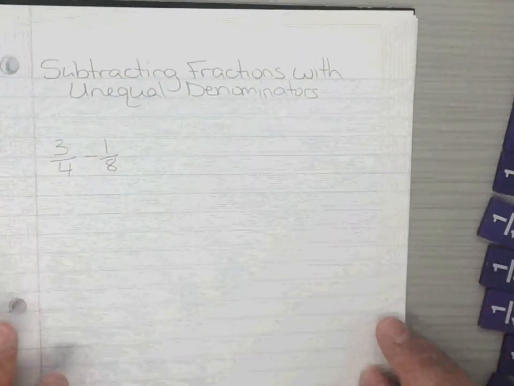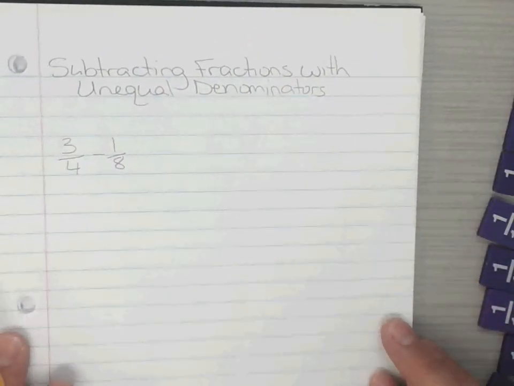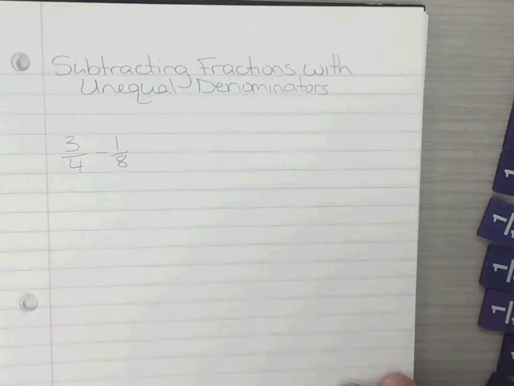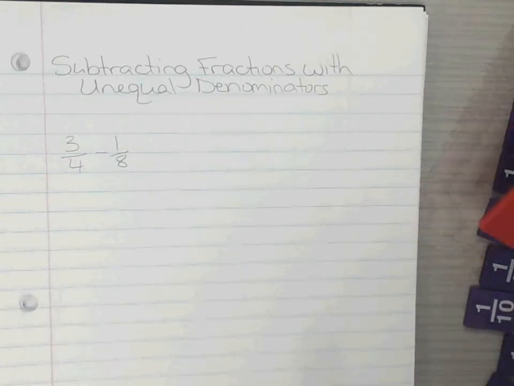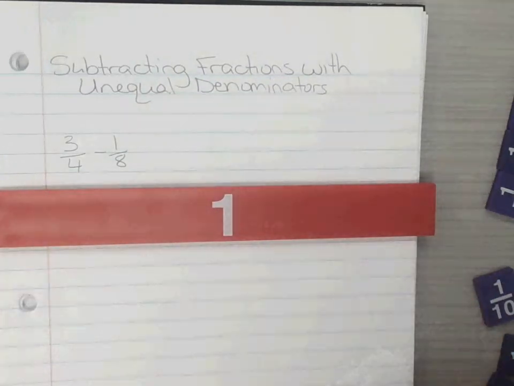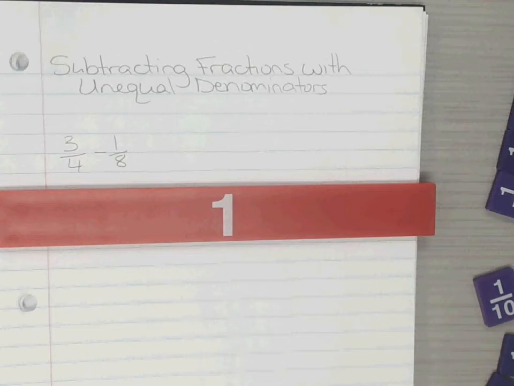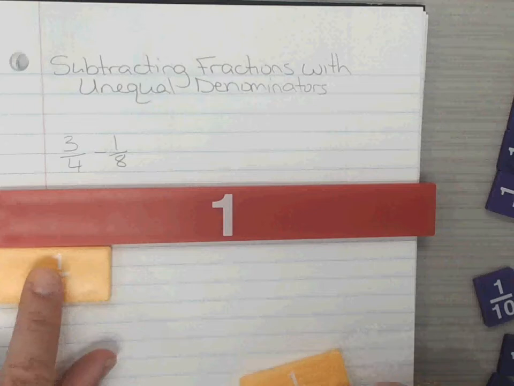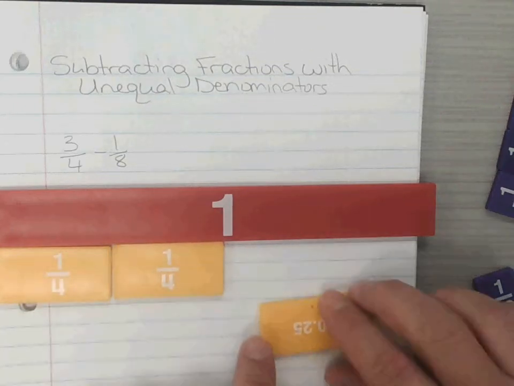So in your journal, I want you to write subtracting fractions with unequal denominators. And we're going to start off with our whole again. And this time we're going to subtract 3/4 minus 1/8. So I'm going to start off with 3/4. This is what we have.